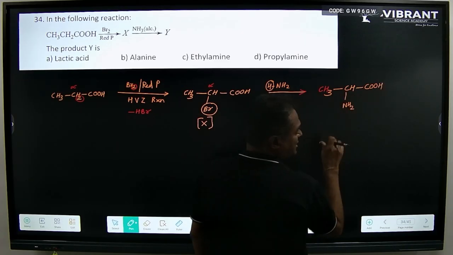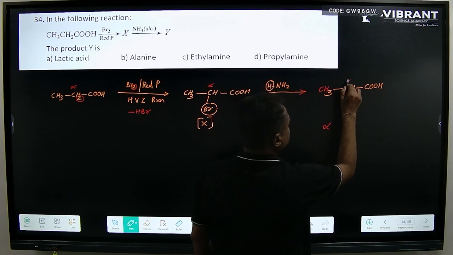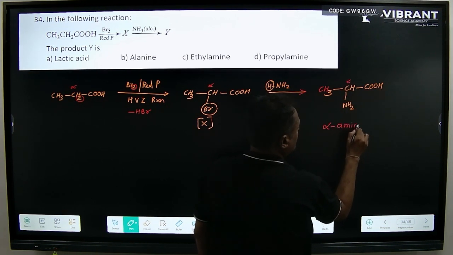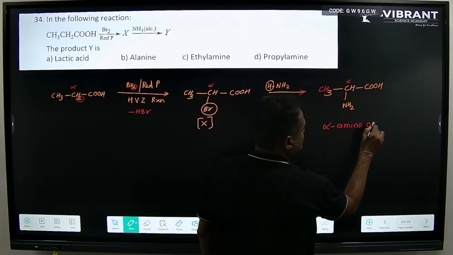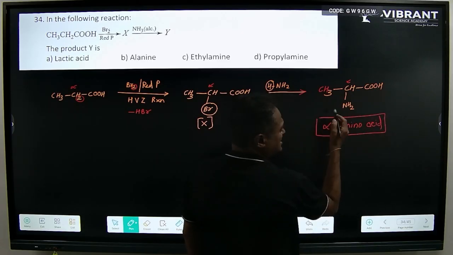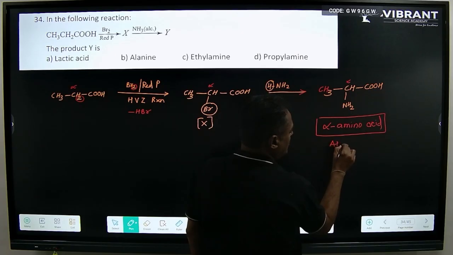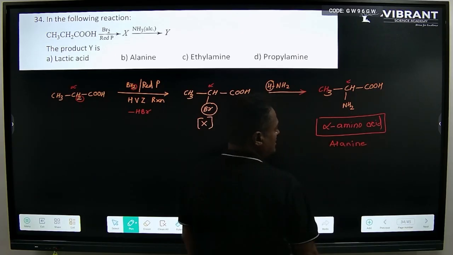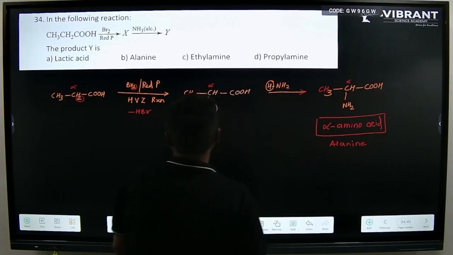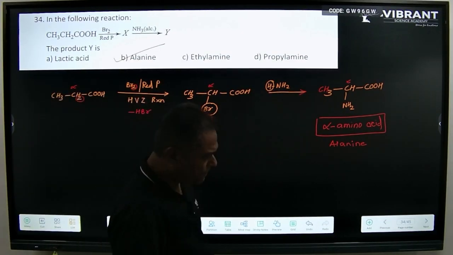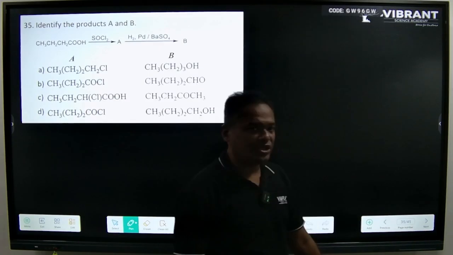Can I tell that the compound I have got is an alpha amino carboxylic acid? That means this is an alpha amino acid, and this compound is well known by the name alanine. I think you are all aware of this, child. I hope the correct answer for this MCQ is option B. Is it clear, child? Let us proceed with the next question.